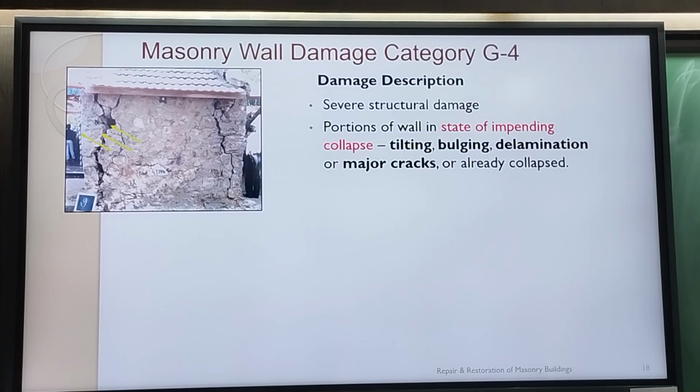Otherwise, the faces of the wall separate. When some shaking happens, one face may just start separating out. You can see a bulge happening on the wall. And of course, with more shaking, then that one face may fall off. So bulging, the delamination is when one face falls off.